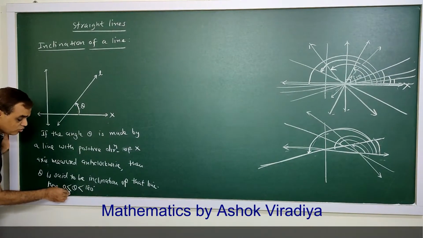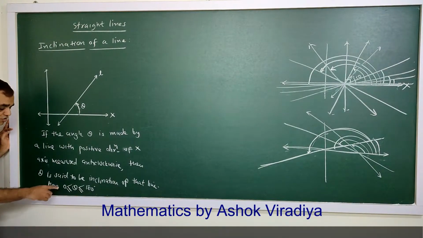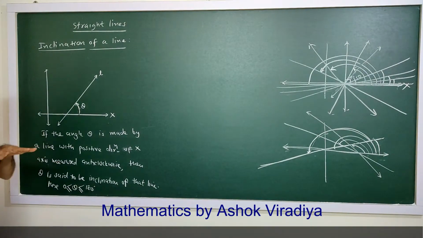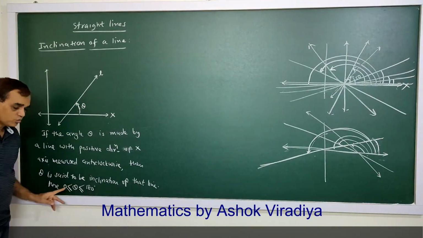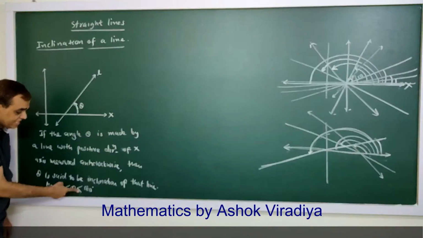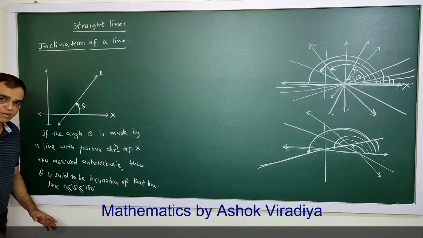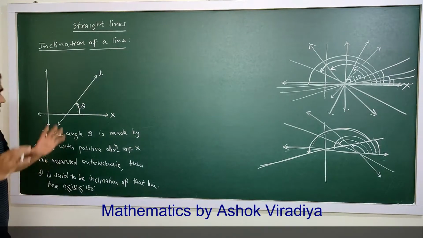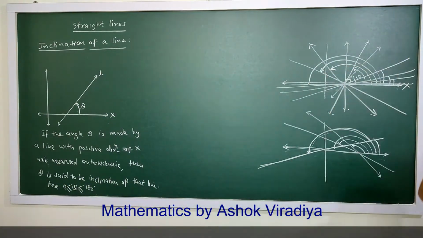Theta can be 0, it can be 180, but for 0 and 180, the position of the line is the same. So you can exclude any one of them. We can exclude this 180, or if you keep it as it is, then also it's no problem. So this is the meaning of inclination of a line.